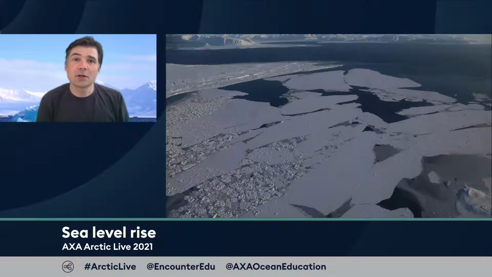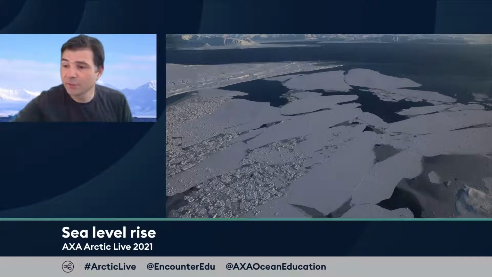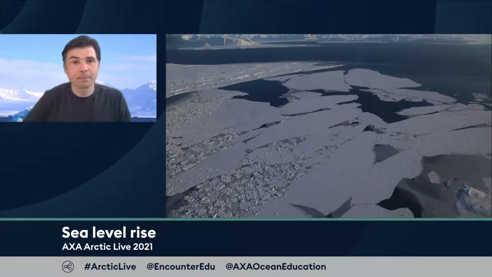And today, what we're going to look at is how these different types of ice, when they melt, affect sea level rise. So you're going to need a few things for this activity. I'm just going to reach over and get them. You're going to need 2 plastic boxes to act as your mini oceans.